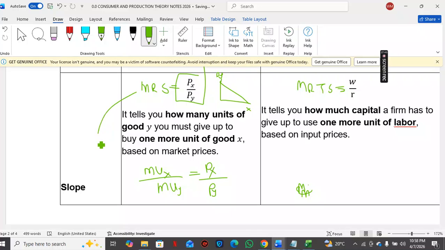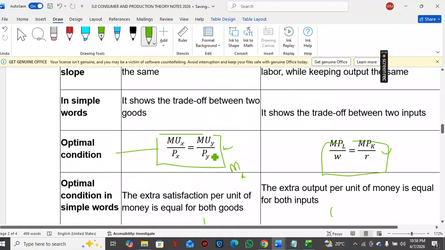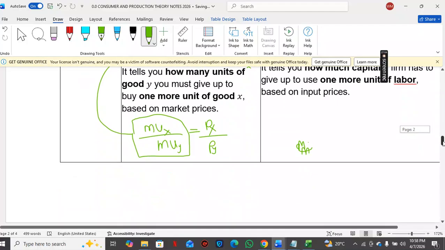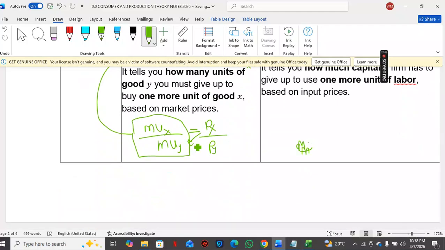This marginal rate of substitution becomes this. Then when you equate this, that's how you now come to this one. What has just happened here is this PX goes down here and this MUY goes up there. We just switch spots.